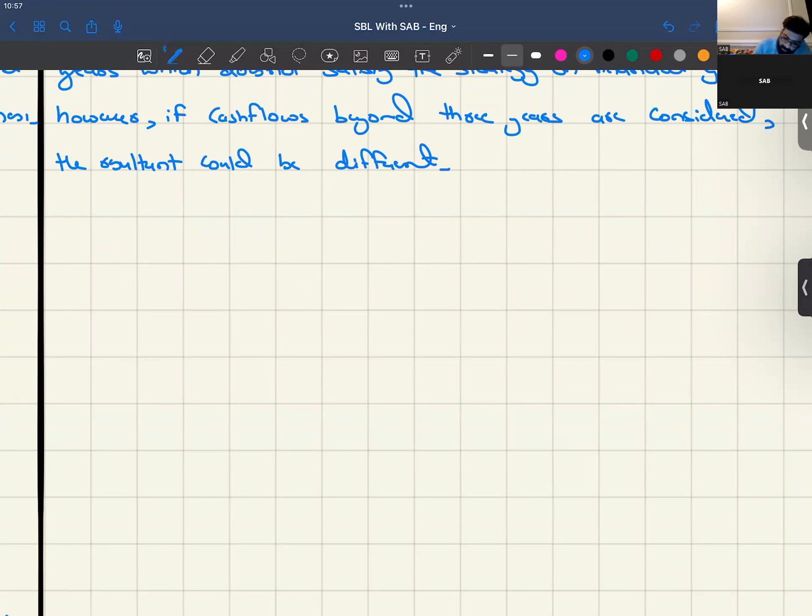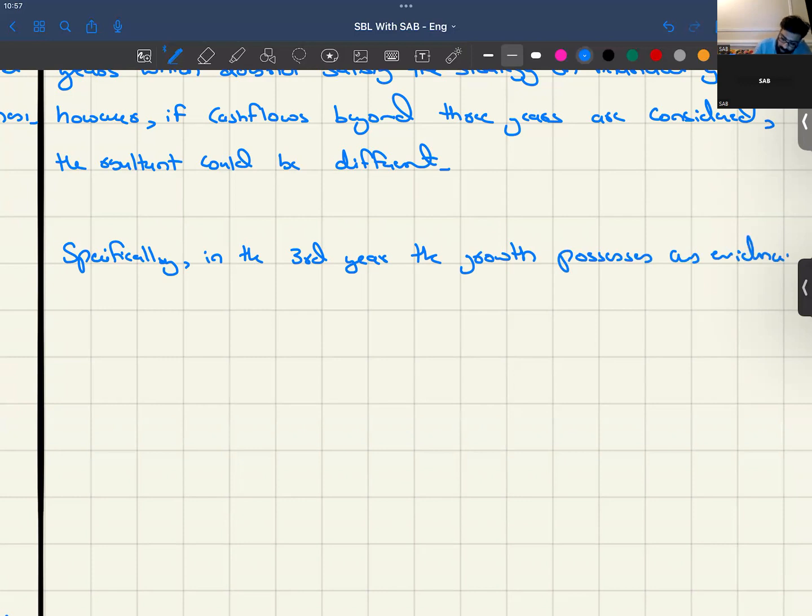Specifically, in the third year, the growth possesses, as evidenced by the spreadsheet of Freddie. So why not? You are asking them to consider the cash flows beyond 3 years, right?